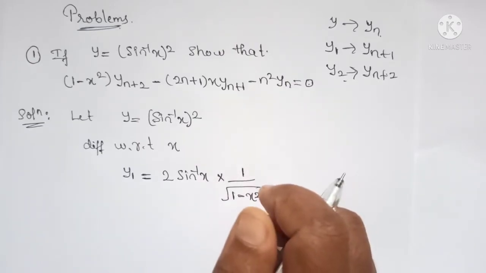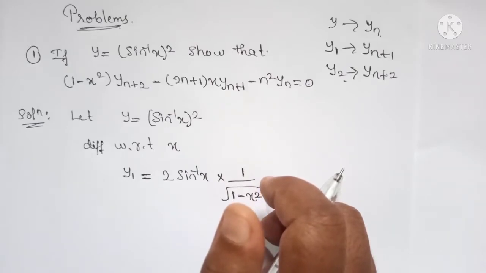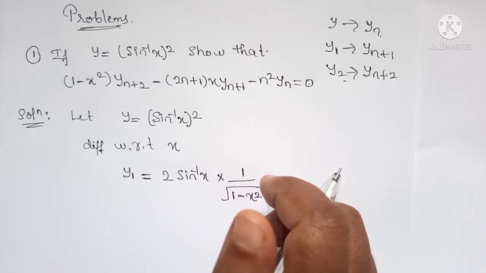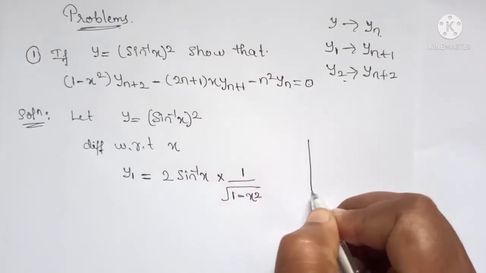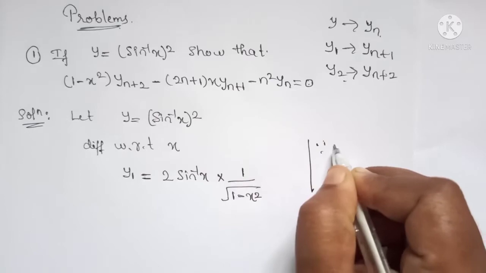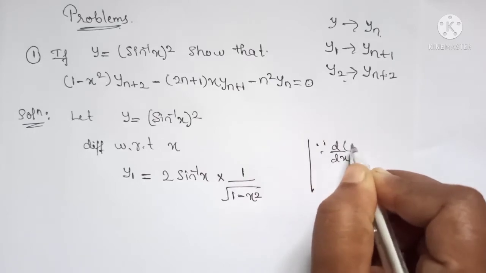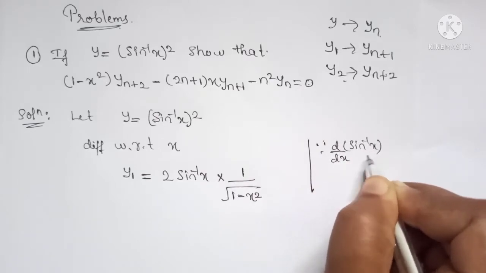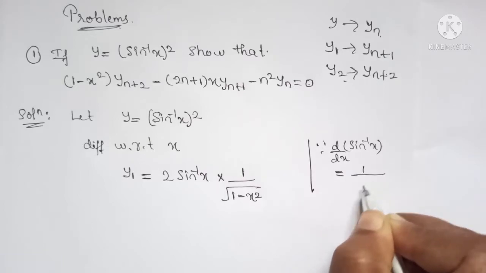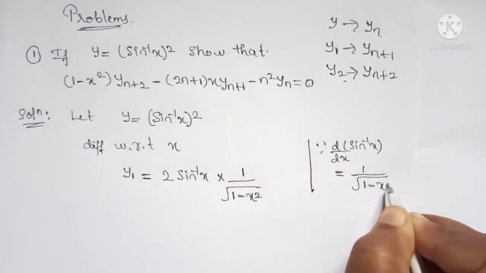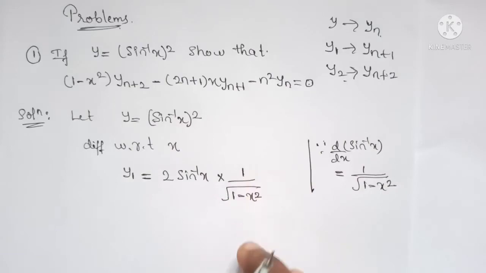Here you have to recall all the formulas of differentiation, the derivatives of all standard functions, because here we know that the differentiation of sine inverse of x is equal to 1 divided by square root of 1 minus x square. We have used this formula.